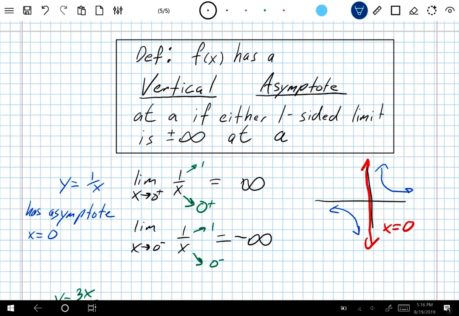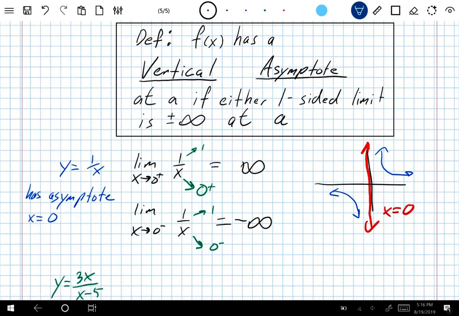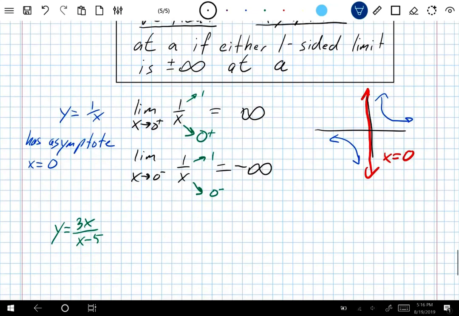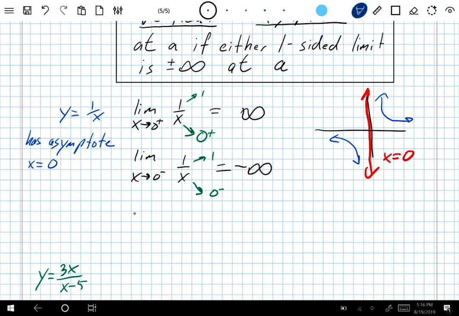What this tells us is that if we get infinity from the right and negative infinity from the left, then it tells us something about the limit itself, with no direction, just x going to 0.